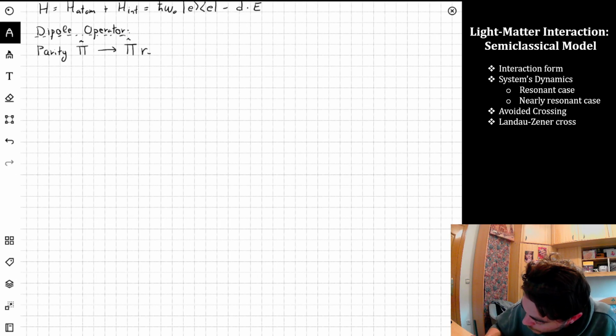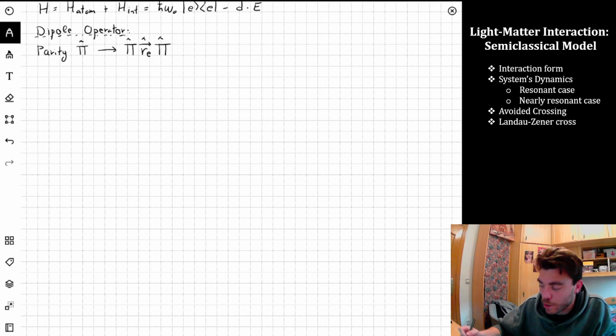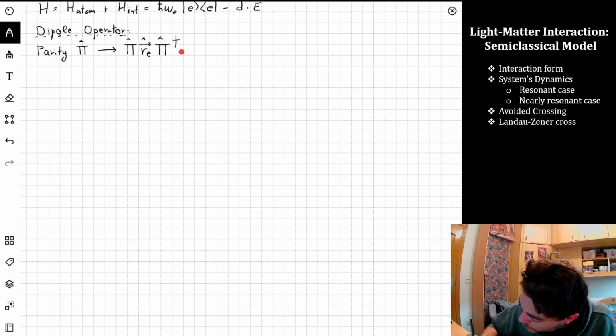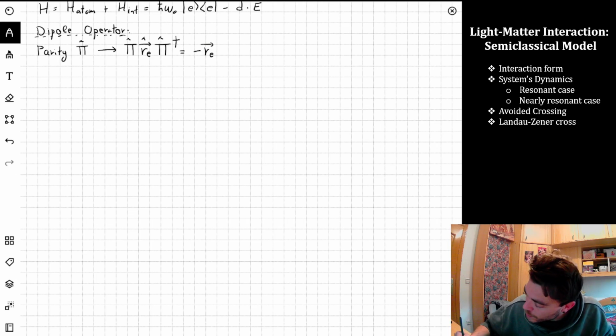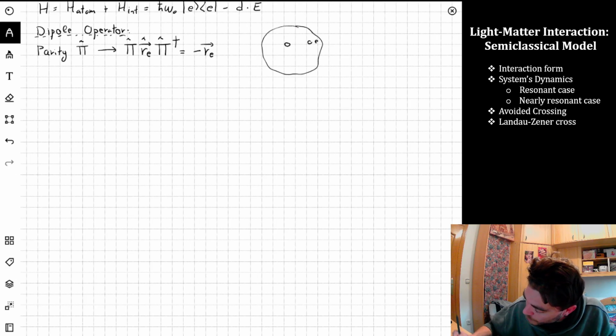If I apply the parity operator on the position operator, the separation between the charges, it just flips the position operator. So you can think of it as you have the proton and you have a cloud with the electron, and when you apply the pi operator, you just get the opposite position.